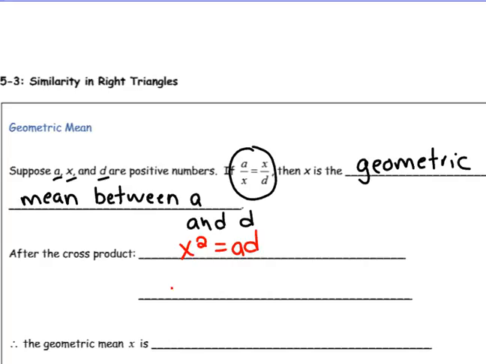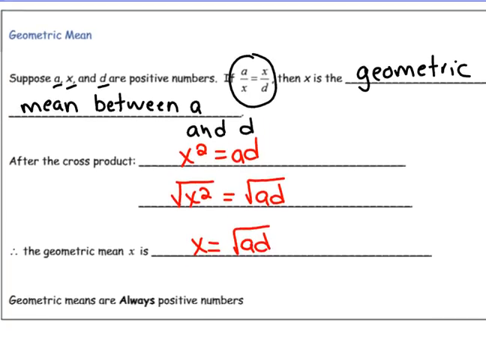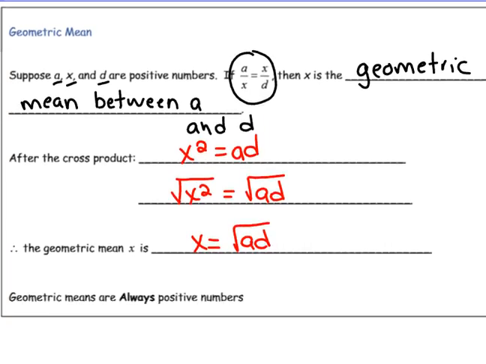So we'll have the square root of X squared equals the square root of A times D. And after you simplify, you get X equals the square root of A times D. So the geometric mean is going to be a positive number always. It's never going to be negative.